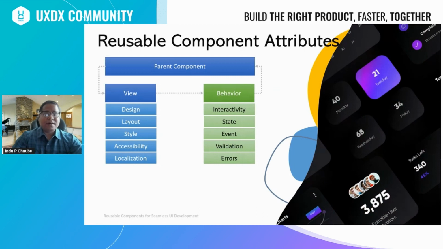So, reusable component attributes. There are two parts of a reusable component. First is view, second is behavior. The view contains the layout, how it is going to look, what the style is, and what the accessibility concerns are, since different types of users are using those components, right?